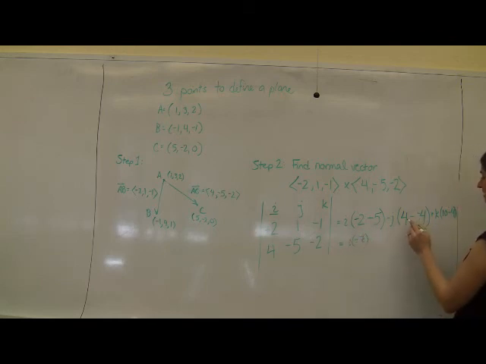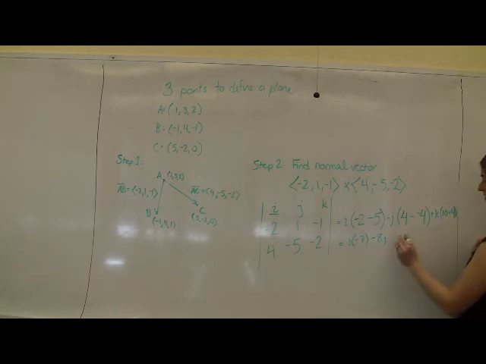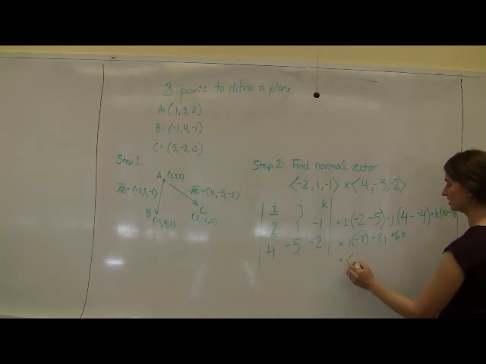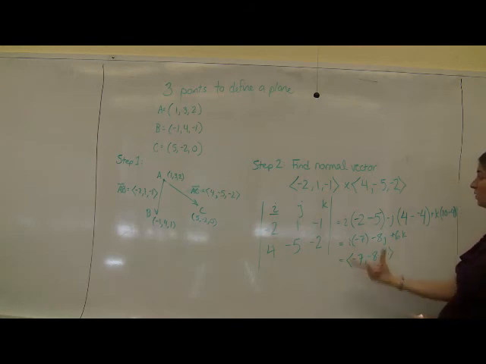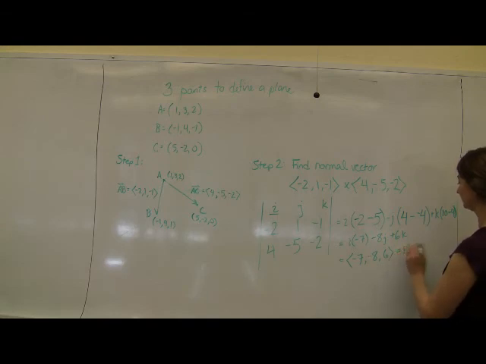The j component is going to be negative of 4 minus negative 4, which is positive 8, so I end up with negative 8j, and I have 10 minus 4, which is 6k, which means that this final vector is going to be given by negative 7, negative 8, 6. What vector is this? Well, the whole reason why we did this was to create a normal vector. So this is our normal vector n.